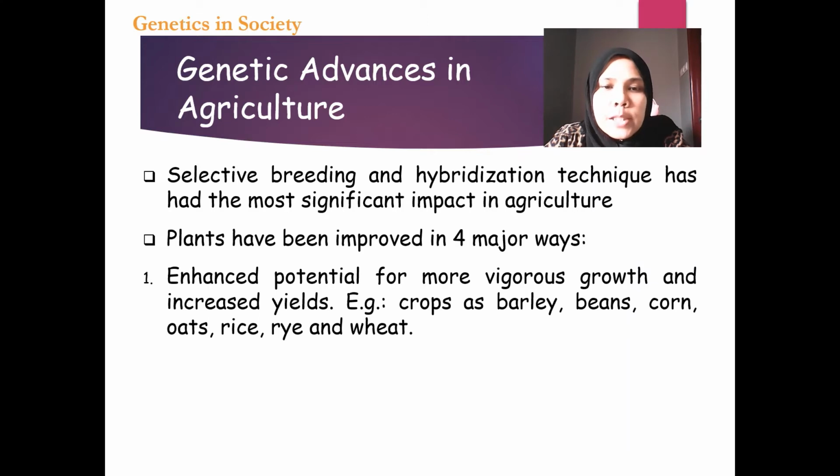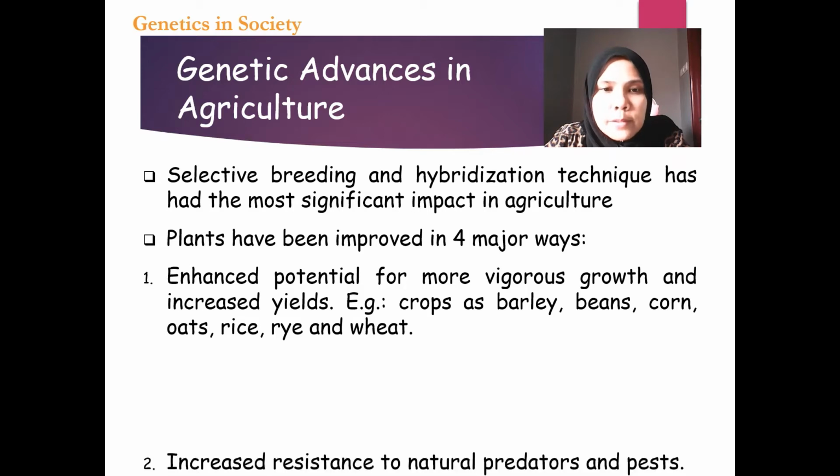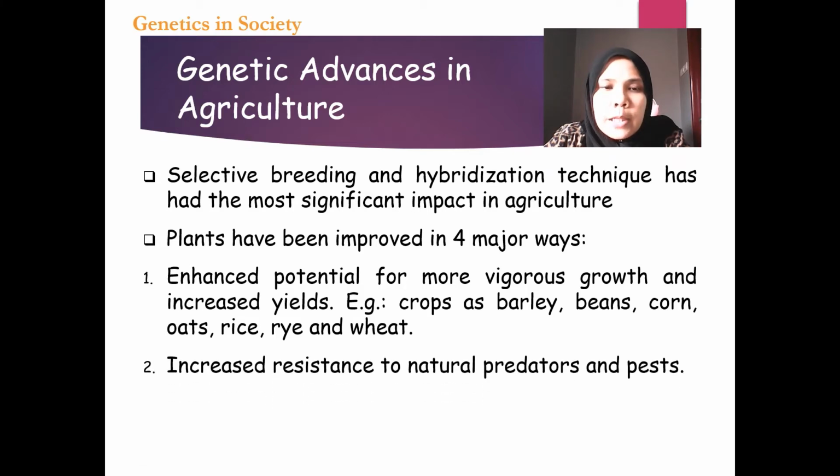One is to enhance the potential for more vigorous growth and increased yields, in crops such as barley, beans, corn, oats, rice, rye, and wheat. So we have enhanced the potential for these plants to be more vigorous in growth, to give higher yields, and to increase their resistance to natural predators and pests.